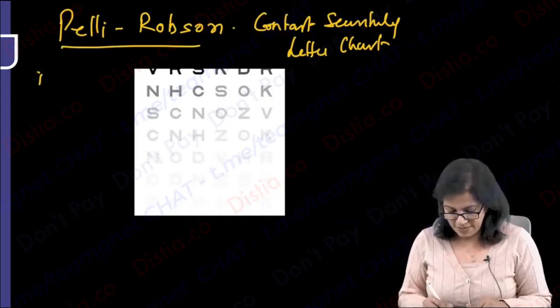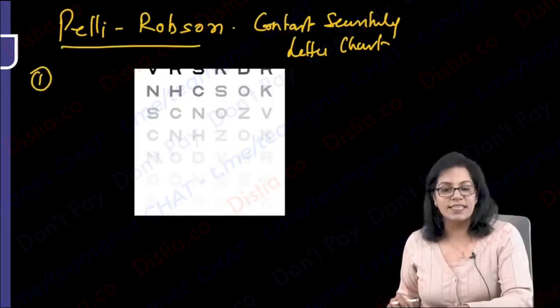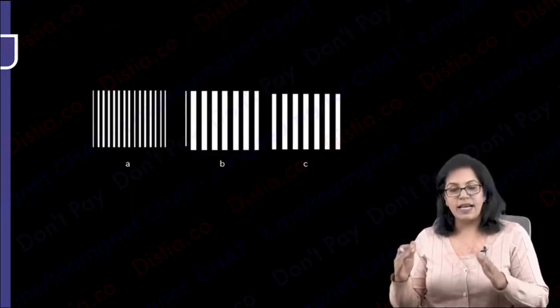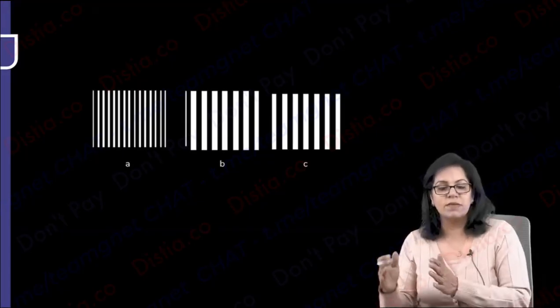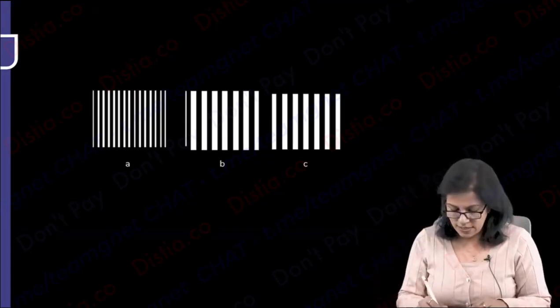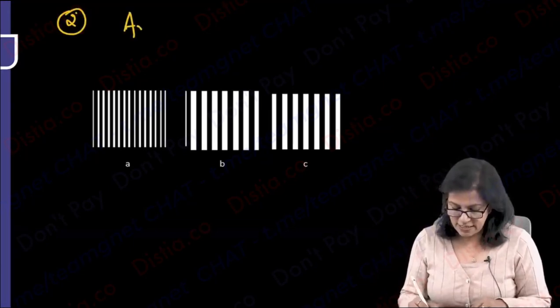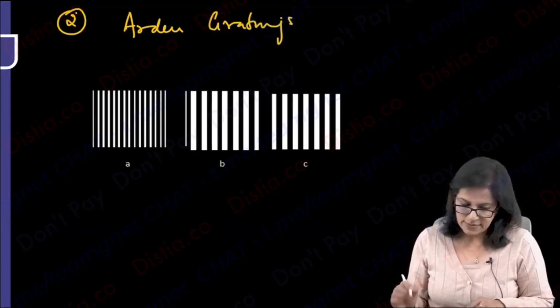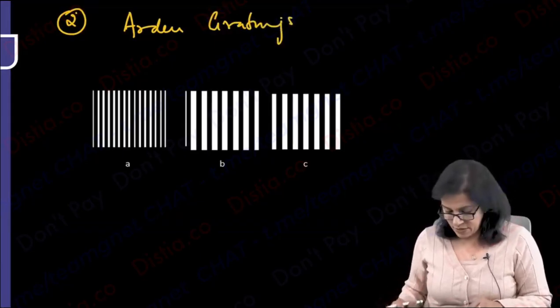Pelli-Robson, number 1. The second test we can go for is these different lines. Are you able to see those lines separately? Again, just the name please: these are Arden gratings. We come to the third one.